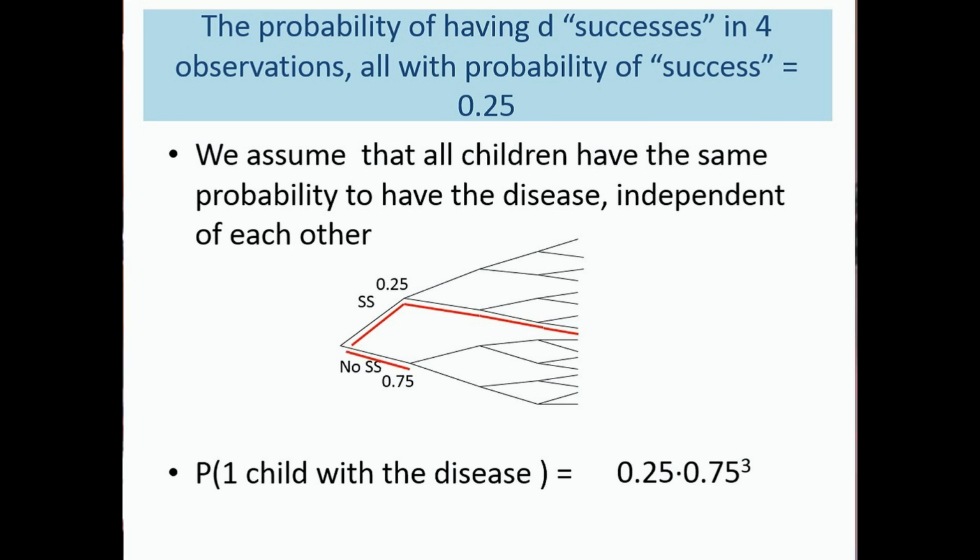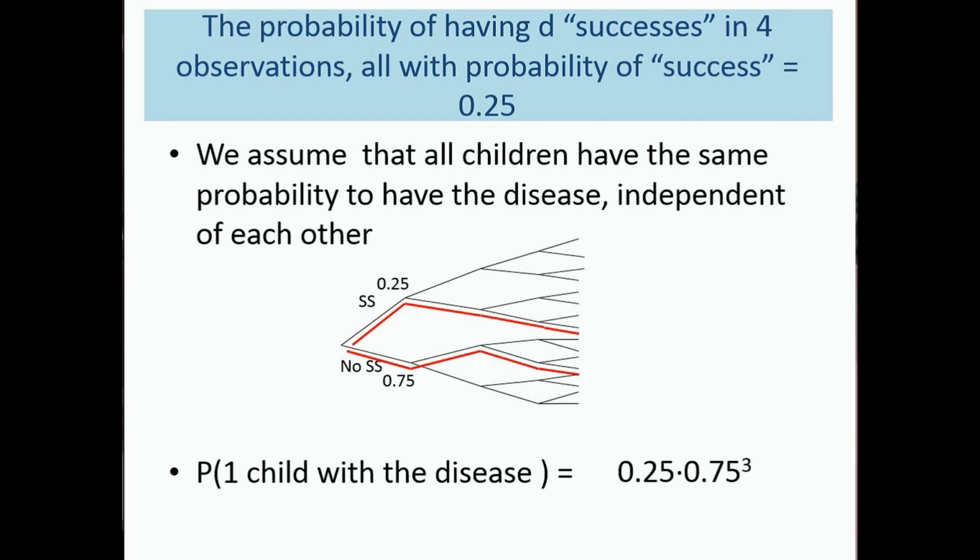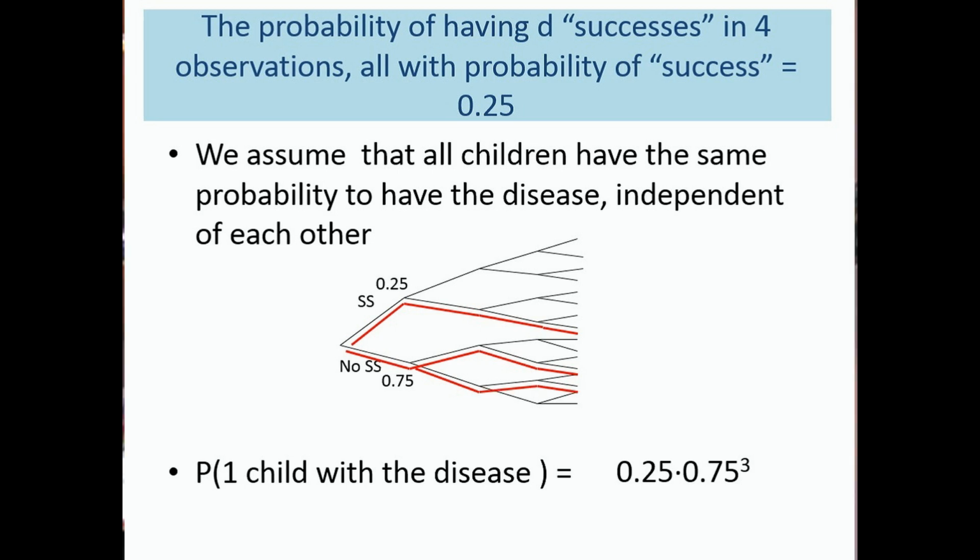It's also possible that the first child is not diseased, the second is diseased, and the third and the fourth are not diseased. It's also possible to have non-diseased, non-diseased, diseased, non-diseased, or the 3 children who are born first are not diseased and only the youngest child is diseased.